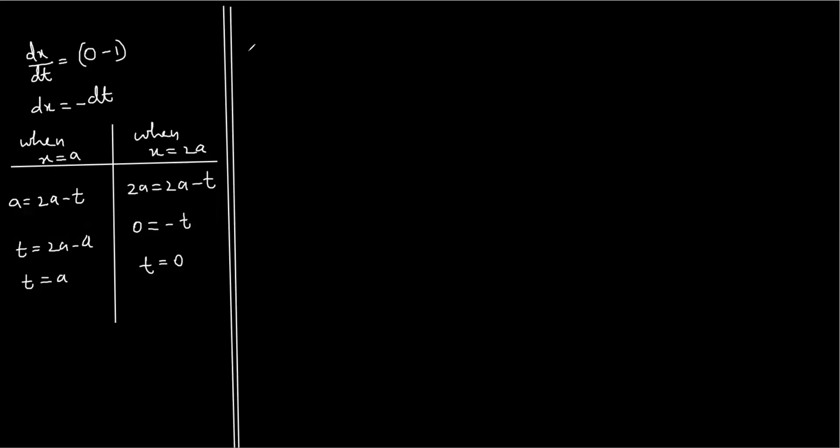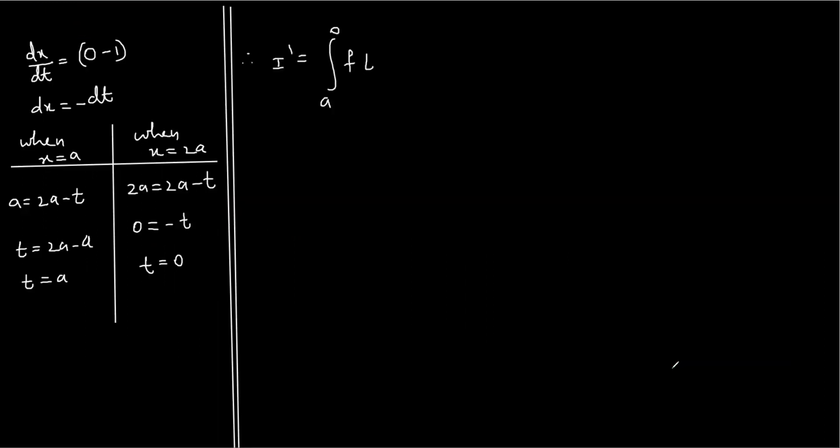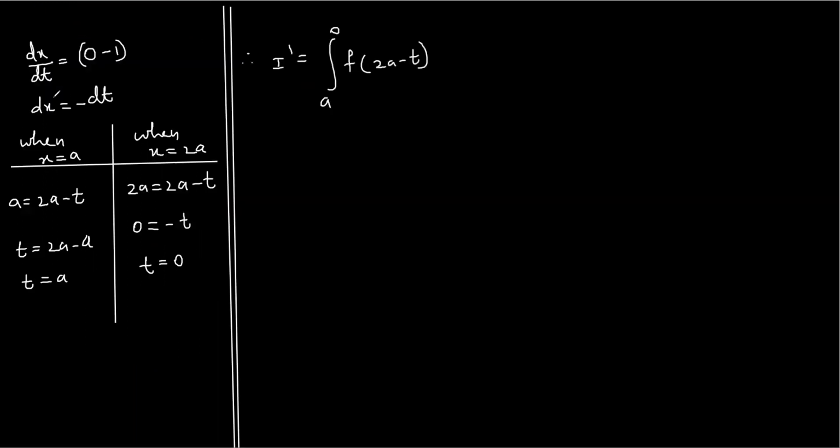Therefore I dash, which was a to 2a, is now a to 0, and f of 2a minus t, because x is 2a minus t, and dx is minus dt.